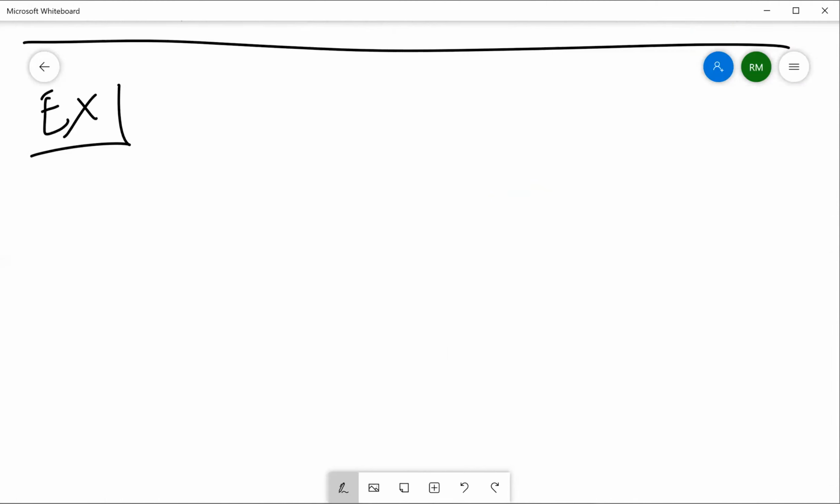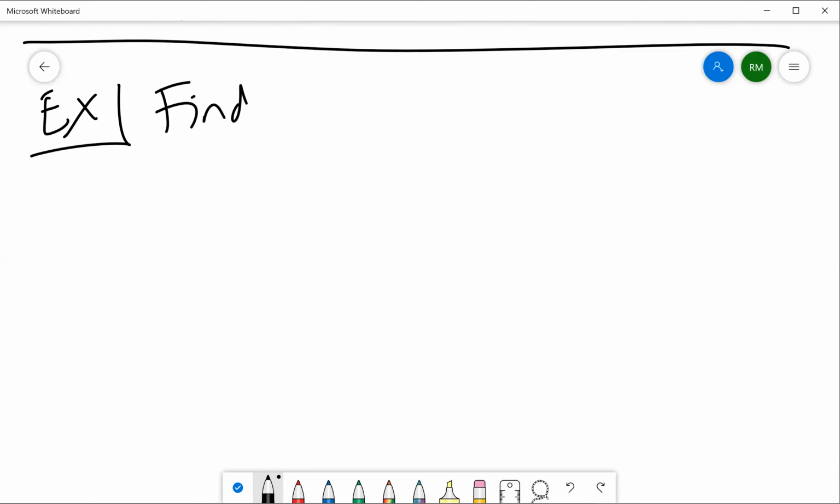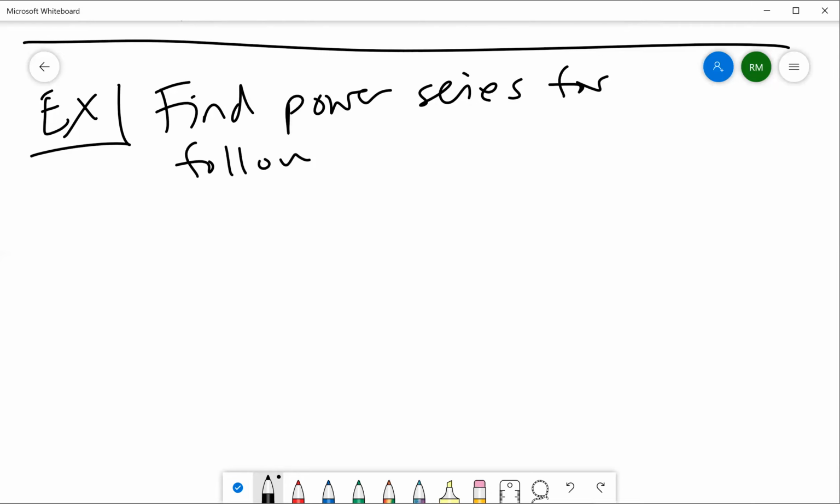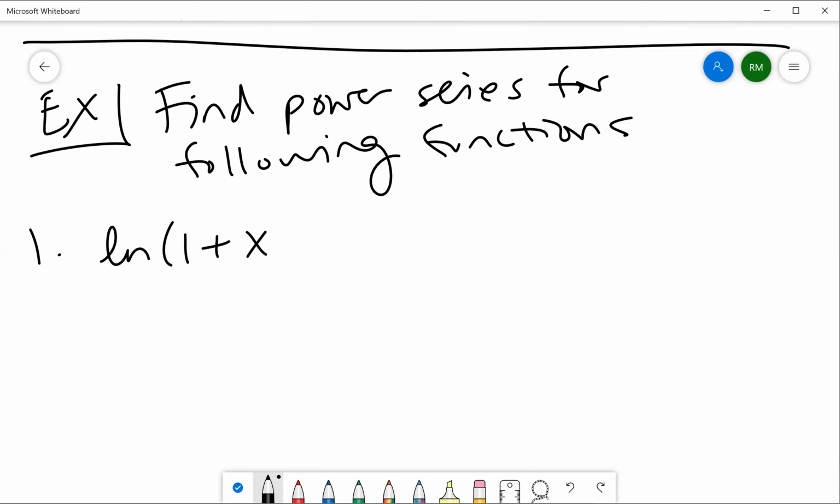I want you to find power series for the following functions. Okay, example 1. The natural log of 1 plus x squared, where c is 0.